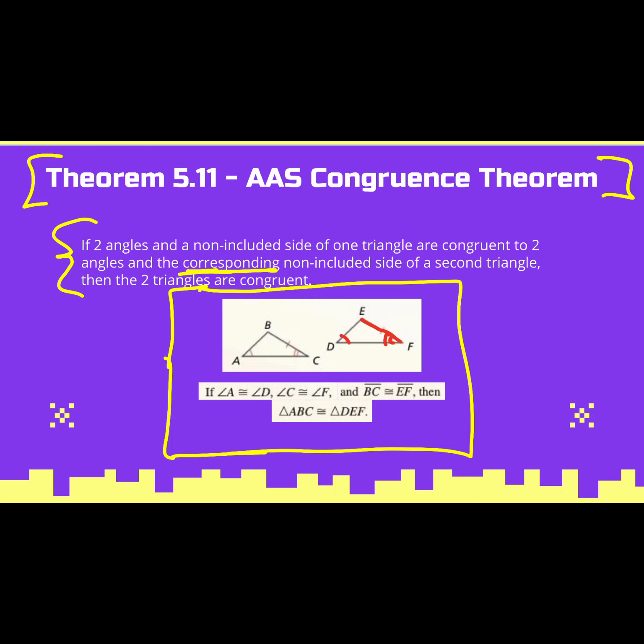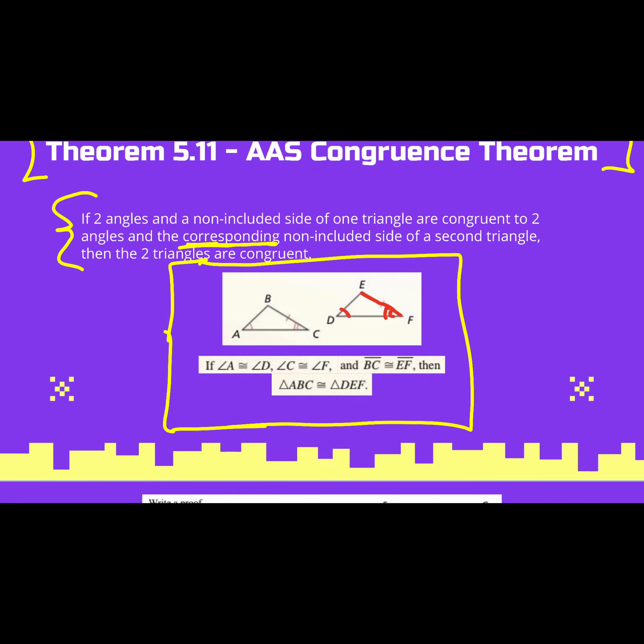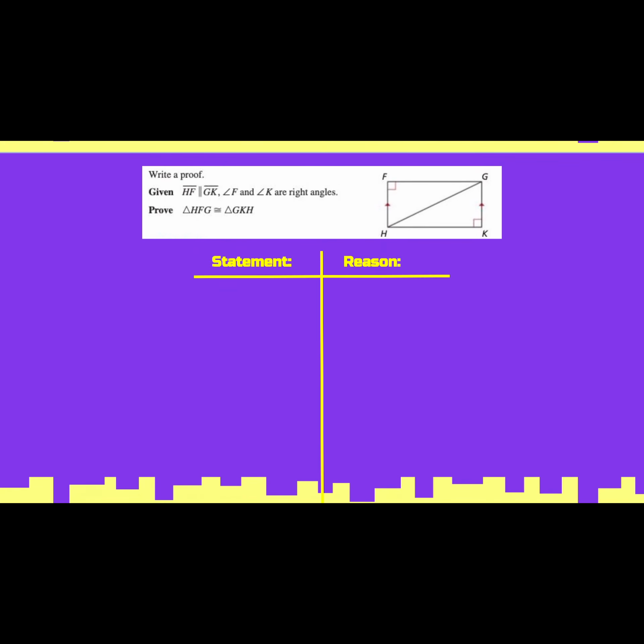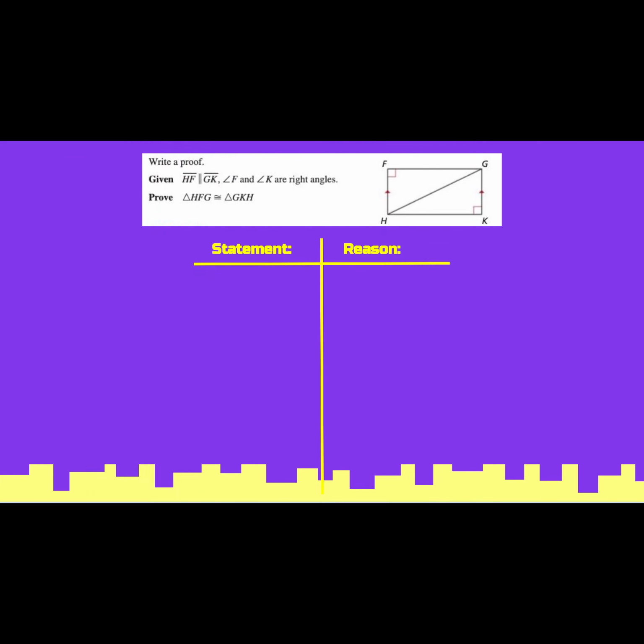We just use one of the angles with our congruent side. So same idea, but with one of them we use the included side, the other one we do not. So, like you could have guessed, right? Proof.